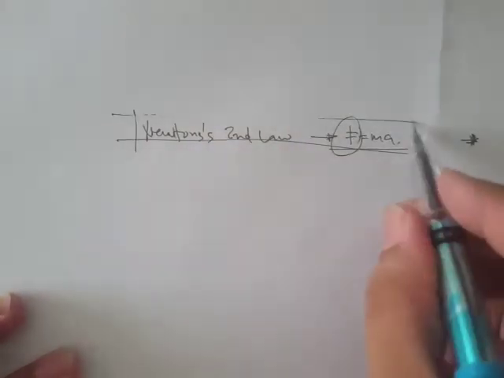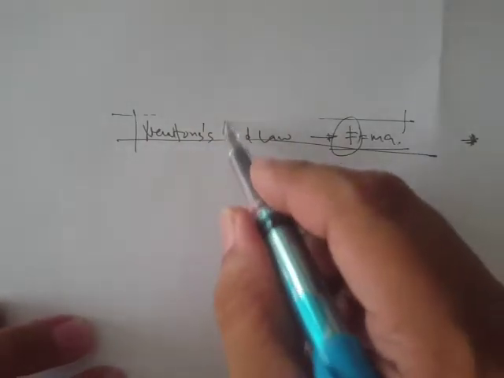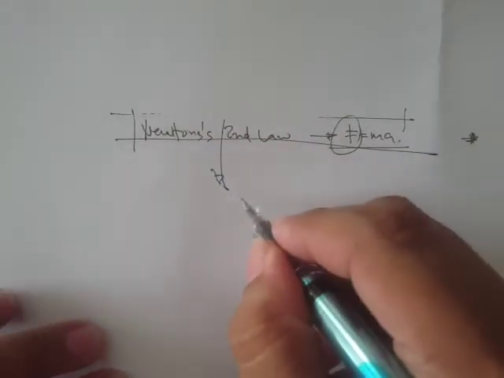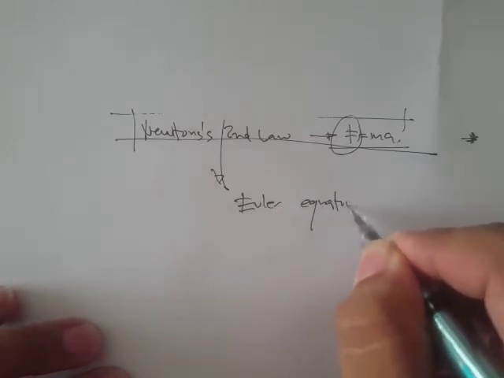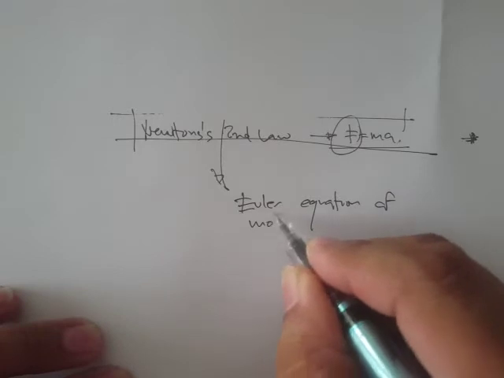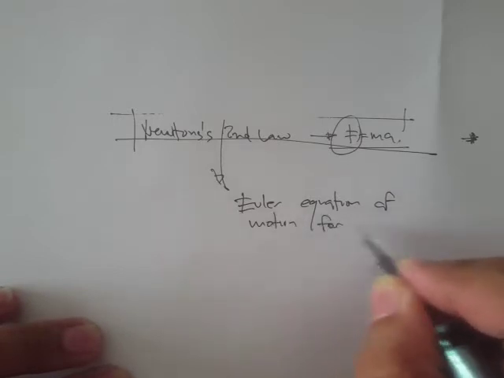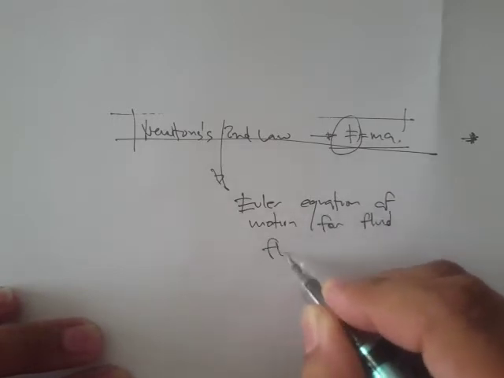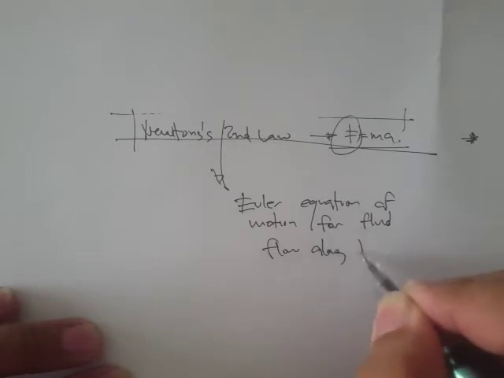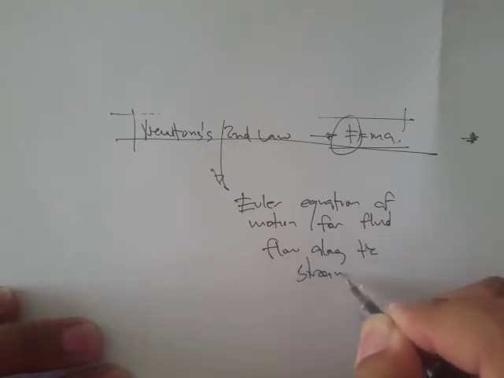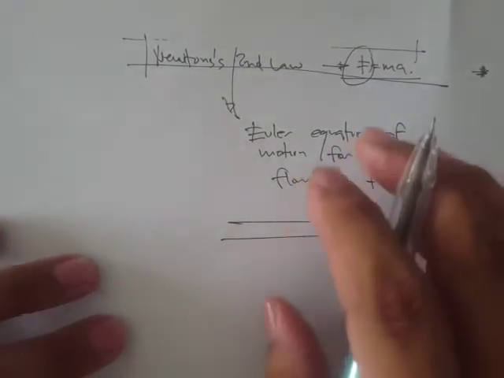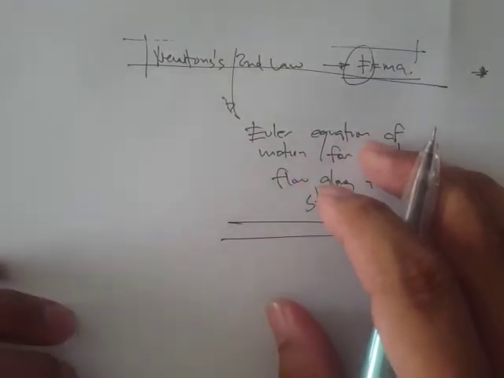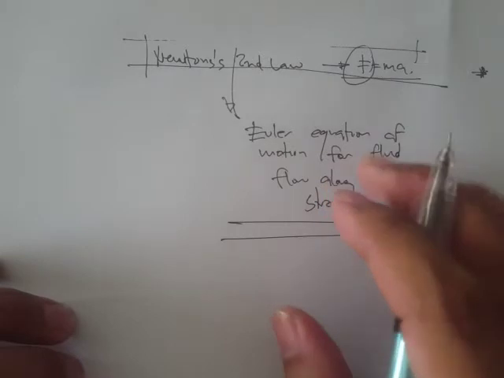Earlier, in the previous lectures, we had derived the equation called the Euler equation of motion, the equation of motion for fluid flow along the streamline. Recall that we didn't actually consider the shear stresses, right?